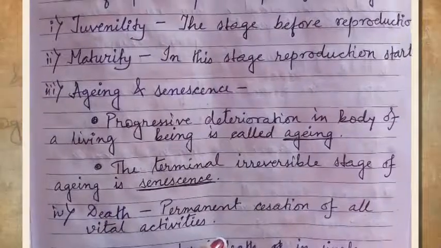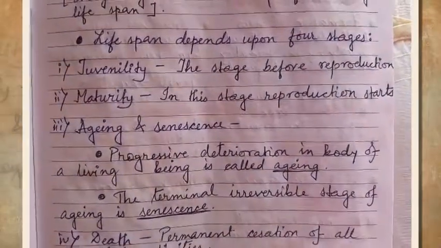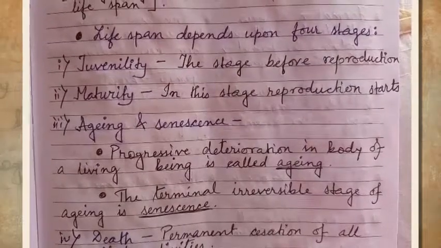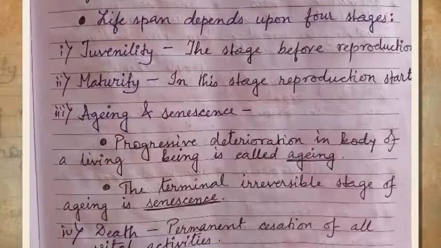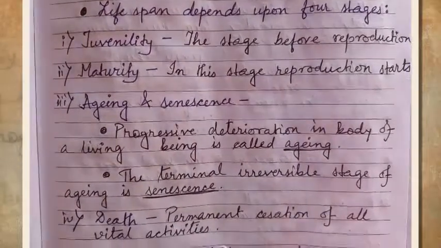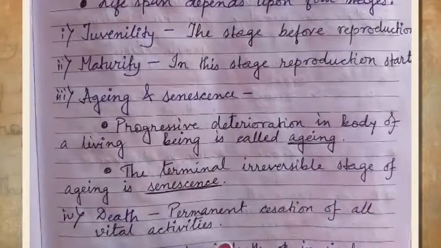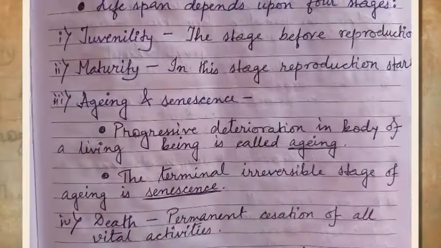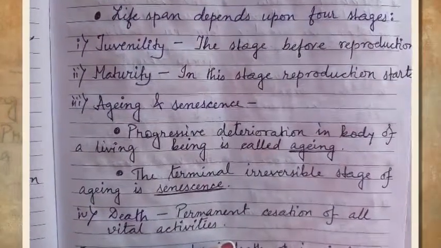Aging is the progressive deterioration in the body of a living being, and the terminal irreversible stage of aging is senescence. Death is the permanent cessation of all vital activities. So these are the four phases in the lifespan.